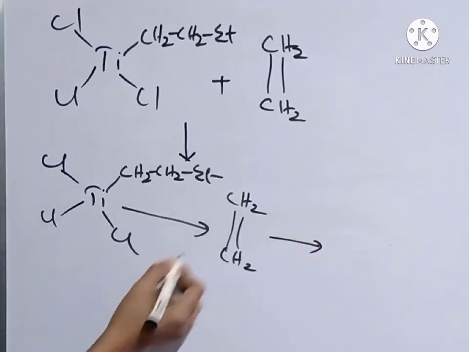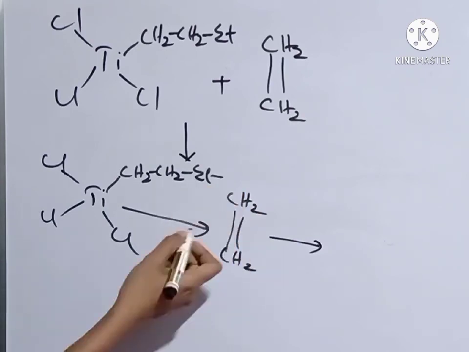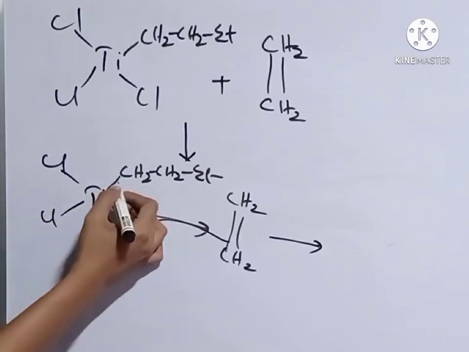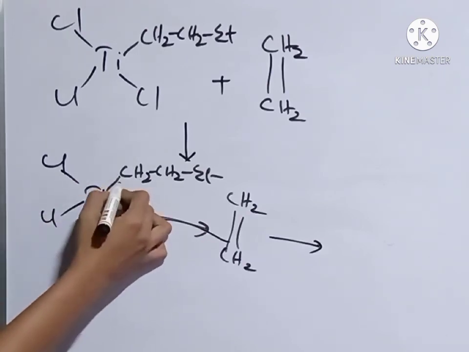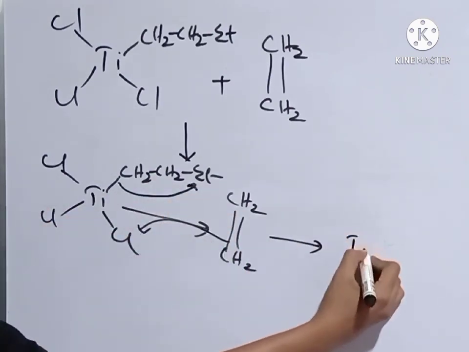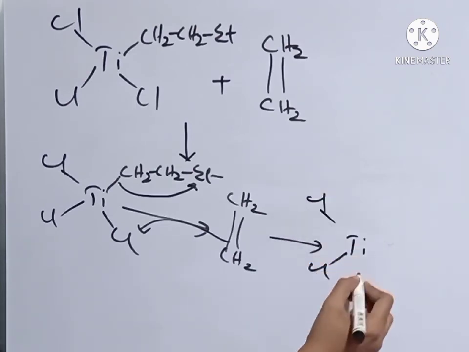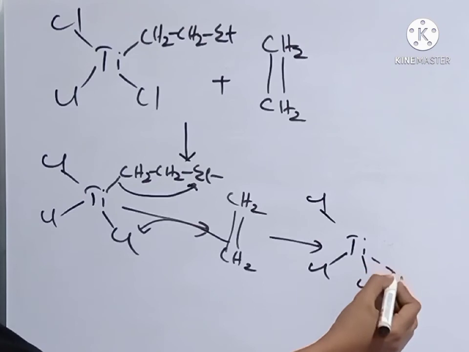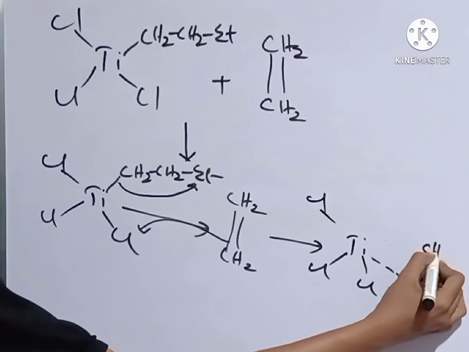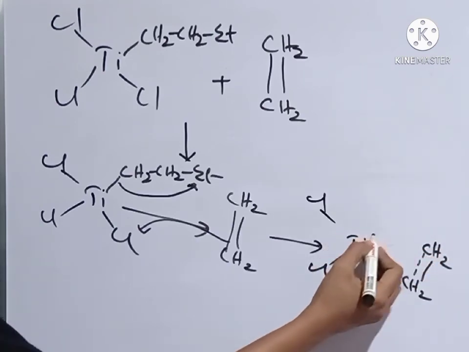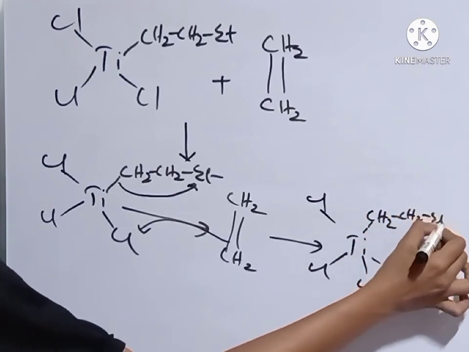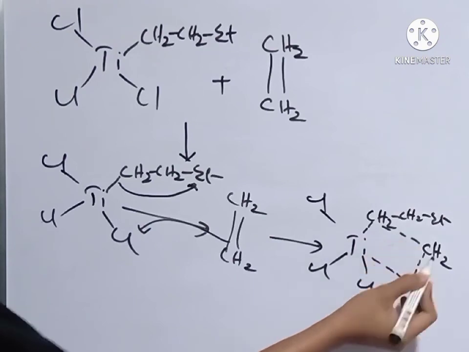And then the electrons within the carbon-carbon double bond shift towards the carbon-titanium bond. At the same time, this bond weakens and it shifts towards here, and we'll get this: Cl, the partial bond, CH2, single bond and a partial bond CH2, CH2, Et, partial bond between these two.